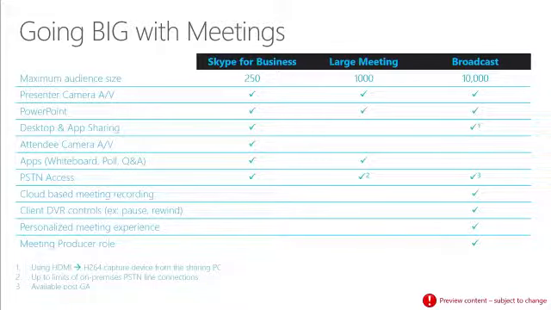Question is, if you have an 800, 900 user meeting, can that be an interactive meeting? I guess it will be difficult, but it's still there. Broadcast meetings currently will scale up to 10,000 users. And it's not an interactive meeting, not in the way Lync or Skype for Business meetings are interactive.